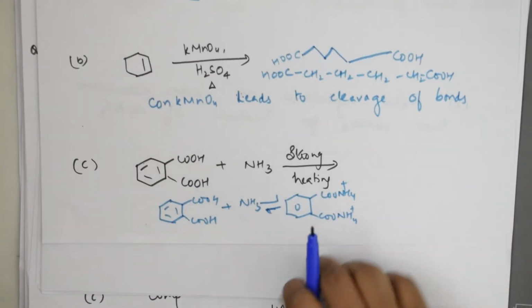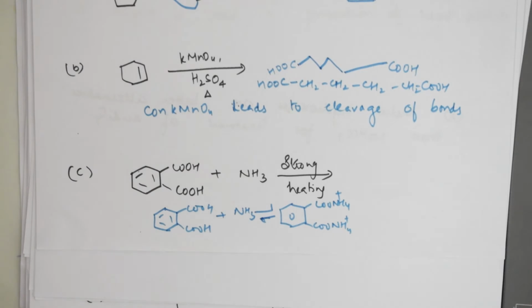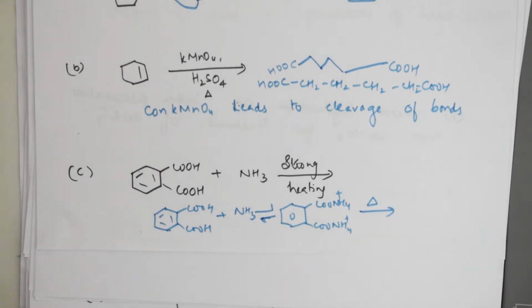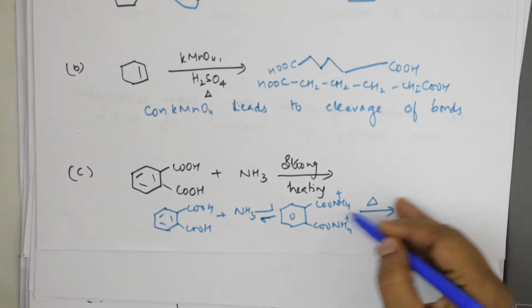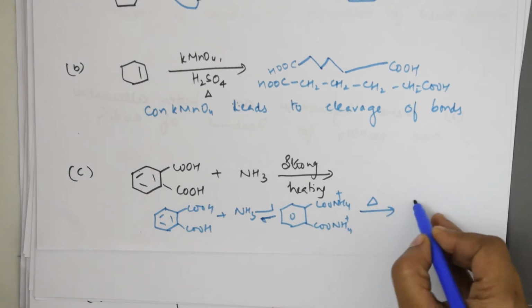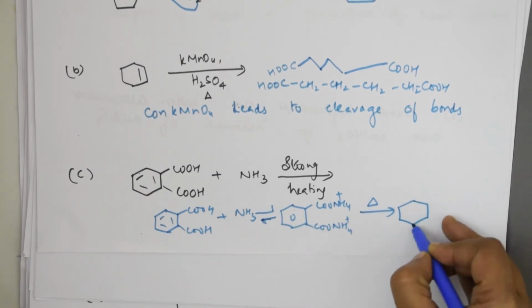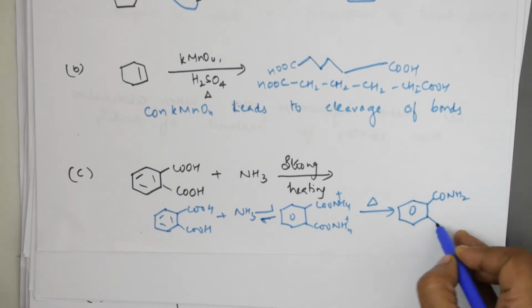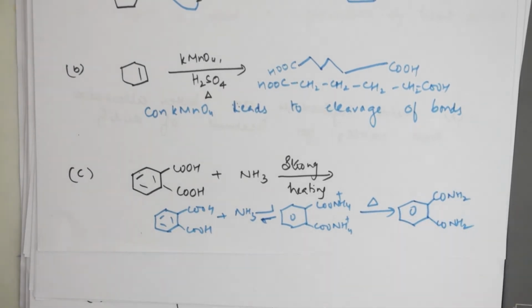Then further, when you heat this ammonium phthalate, it's going to form a compound called phthalimide. Remember that. This is ammonium phthalate that is done. Further, when I heat this, it's going to lose this hydrogen from here, and you're going to get CONH2.